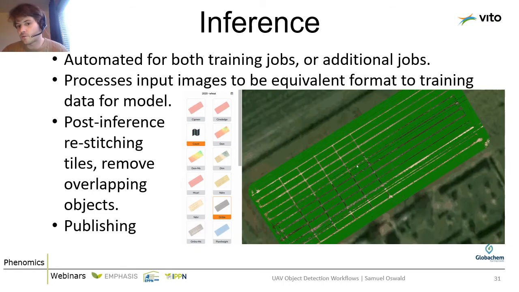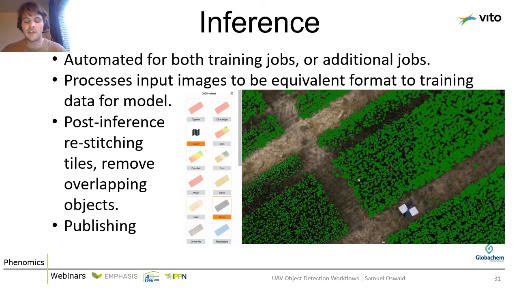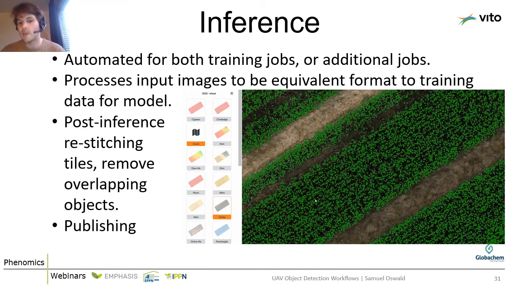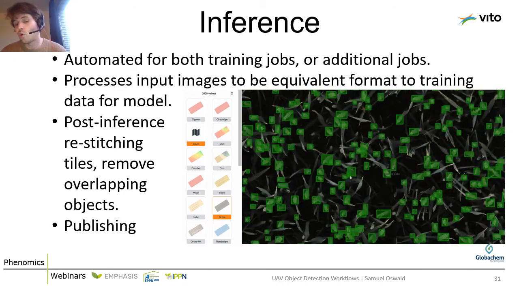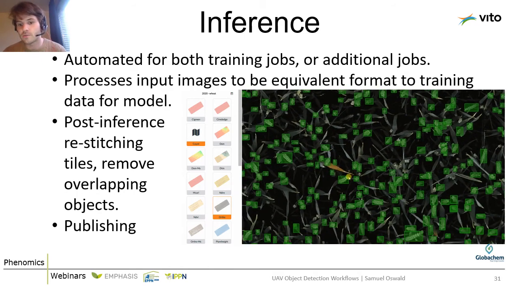And in that process, of course, it does non-max suppression to remove overlapping objects. And finally, it can publish. And so this process ends up being much quicker than if you manually went through even just applying an already existing model, or if you trained a new model from scratch. This is also sped up.